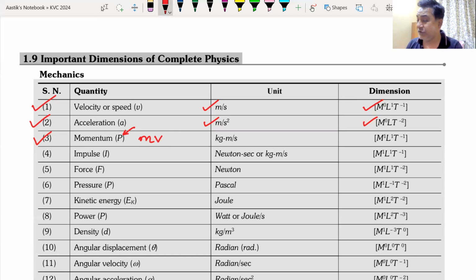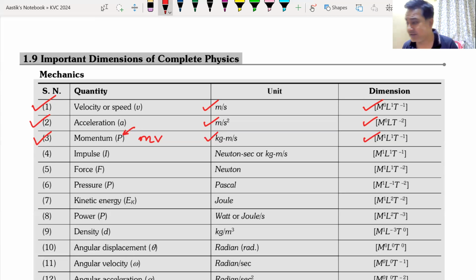If you don't know this, you can just note down: momentum is mass multiplied by velocity. It is also a vector quantity written by the letter P. Velocity is meter per second. So momentum becomes kg meter per second, and the dimension becomes MLT minus 1.